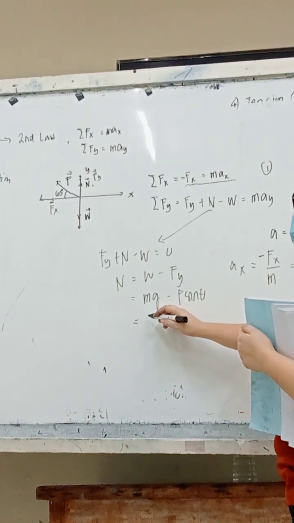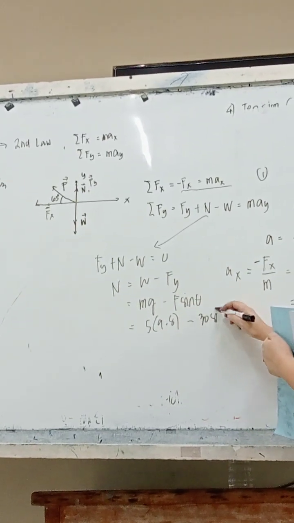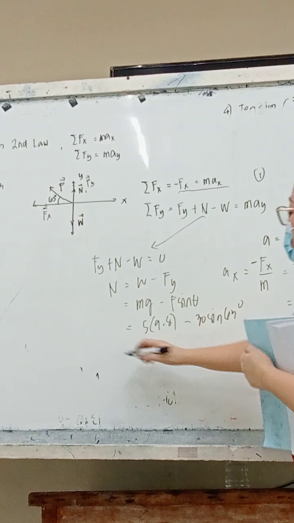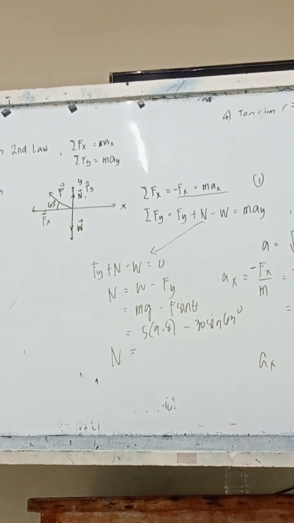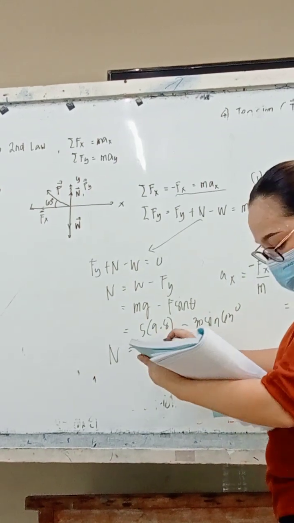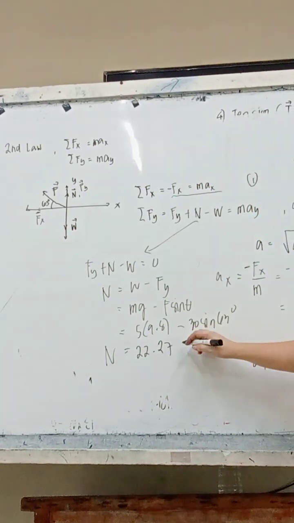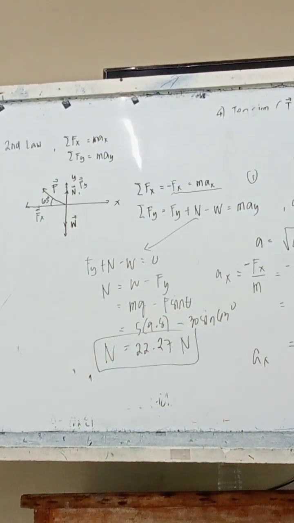So N is 5 times 9.8 minus 30 times sine of 63 degrees. The answer in the book is 22.27 newtons, so you should get 22.27 on your calculator. That is the normal force.